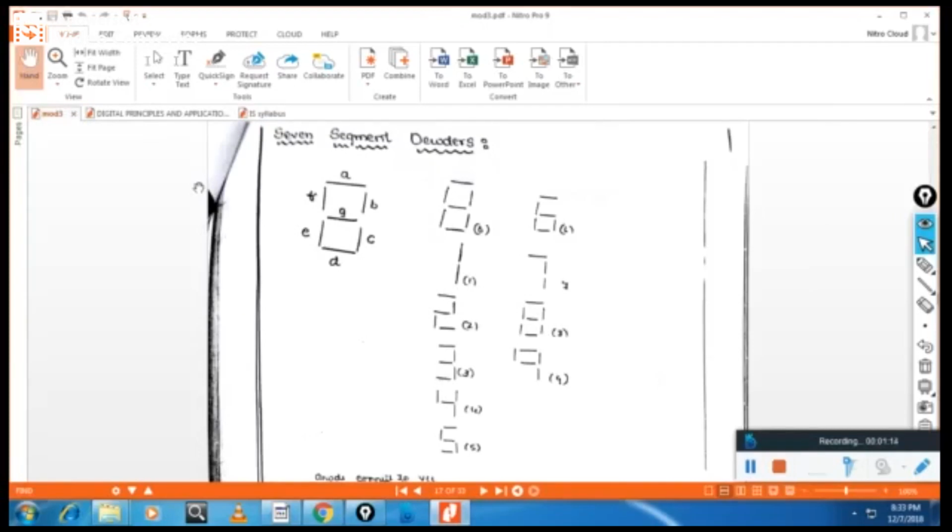Now we know an LED emits radiation when it is forward biased, because free electrons recombine with the holes at the junction. As the free electrons fall from a higher energy level to a lower one, they give off energy in the form of light or heat.